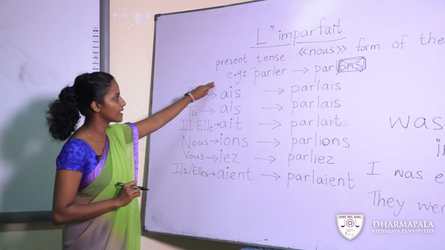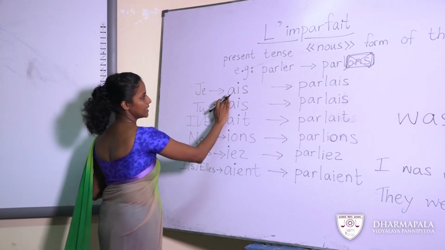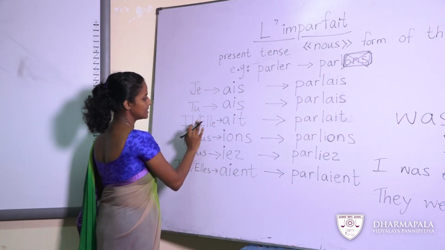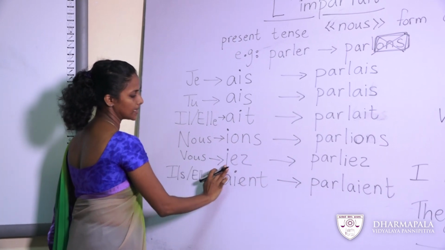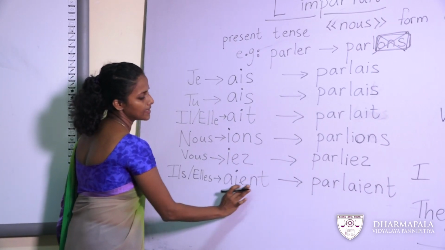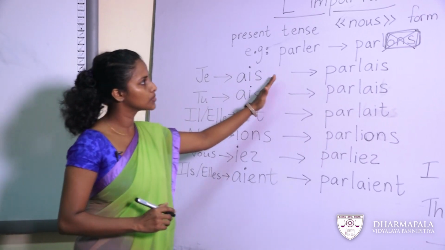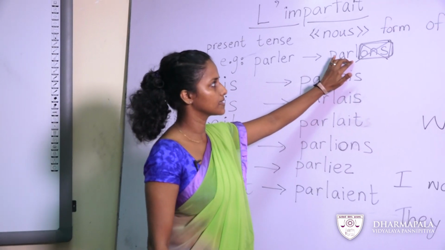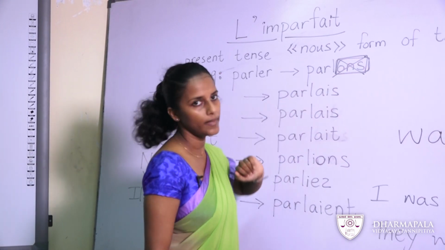Then, there are imparfait endings we have to add. For je, ais; tu, ais; il, ait; nous, ions; vous, iez; ils, aient. So we have to add these endings to the verb stem which we take after cutting off the present tense nous form ending.